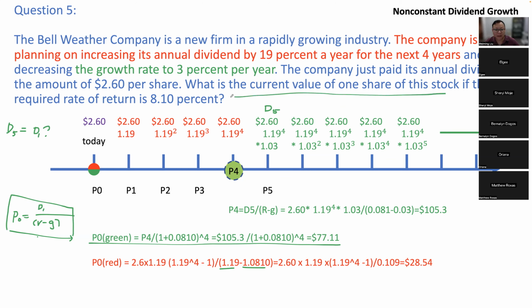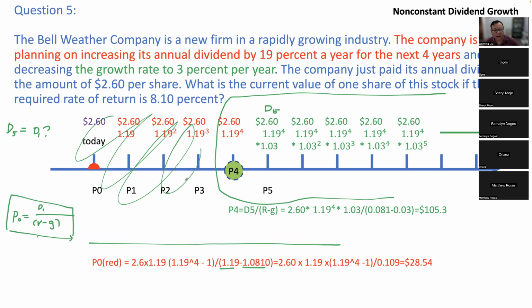But this formula would work exactly the same if you consider this as a timeline. Let's forget about this part, okay? Now this one becomes D1, and P4 is like P0. If you just take a look at this second part, P4 is like P0 and D5 is like D1.